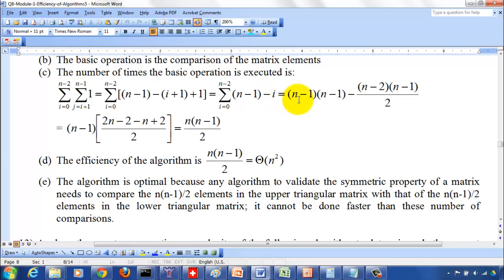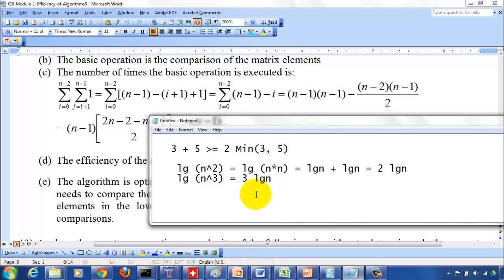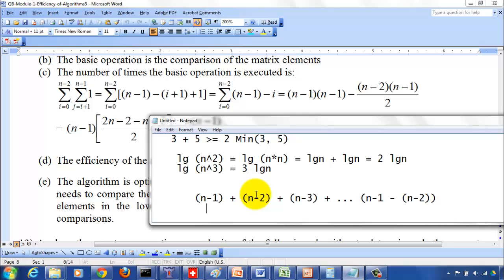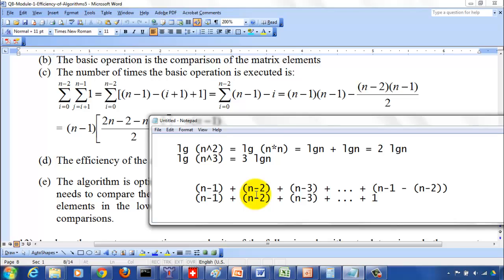So it's n minus 1 minus 0, then n minus 1 minus 1, so that's n minus 2, then n minus 1 minus 2, so it's n minus 3, and so on up to n minus 1 minus (n minus 2), which is 1.